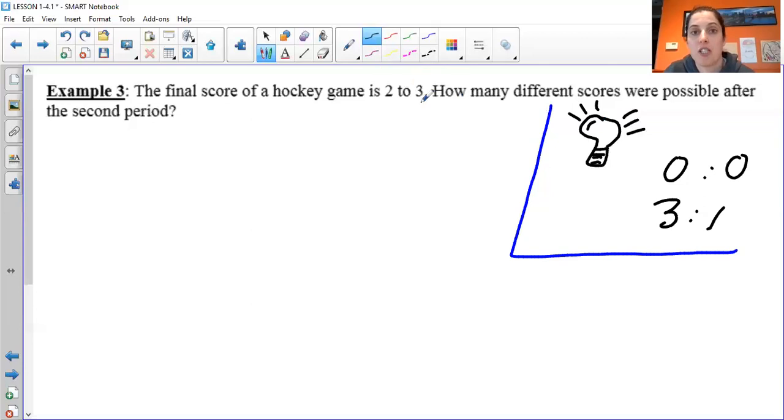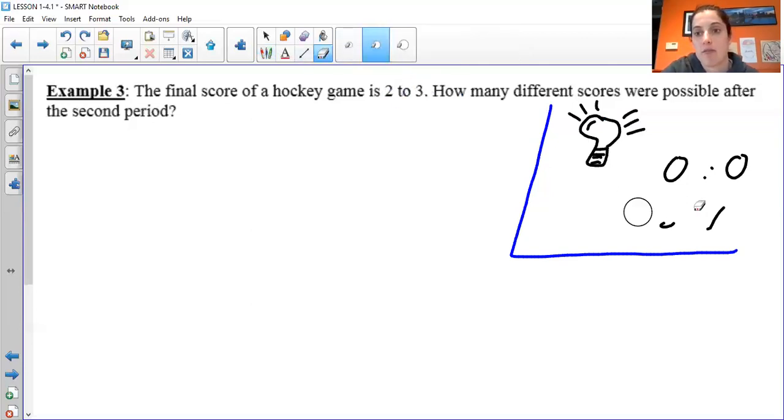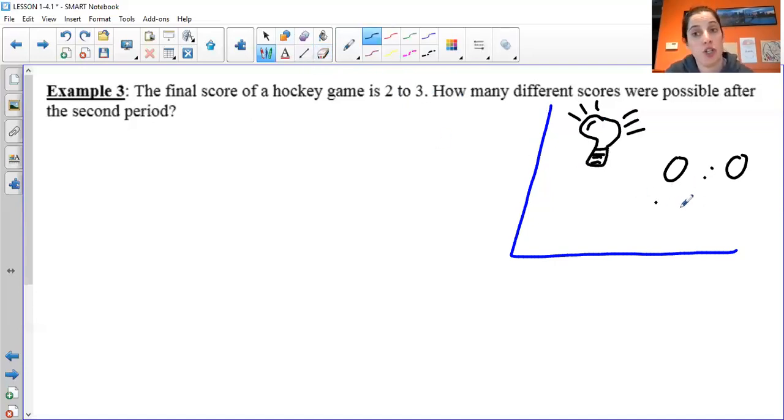But the first team's final score was 2-3, so that's not going to work. Could it have been 2-2? Could it have been 1-3? So this is the idea of stages, getting my head around what these slots are.